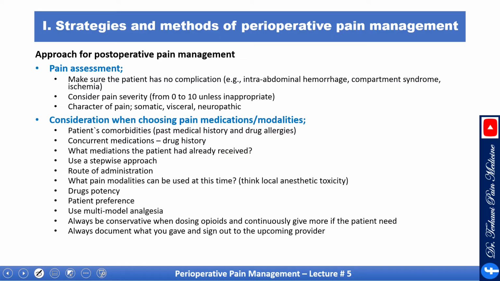Always be conservative when dosing opioid and continuously give more if the patient needs. Always document what you gave and send it to the upcoming provider. Monitor for response and side effects.